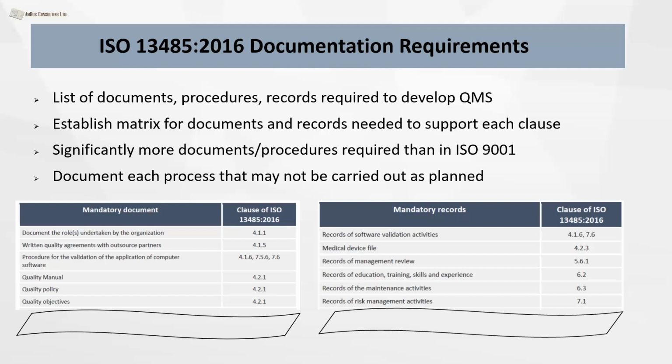So obviously a record of all the maintenance activities and a record of risk management activities. There are a lot of risks involved in manufacturing such equipment, and those risks have to be managed. That's part of your mandatory records for this particular ISO.